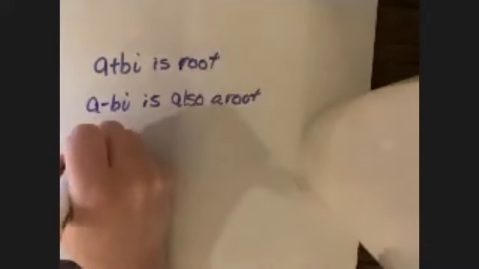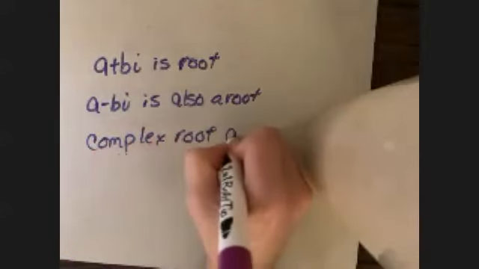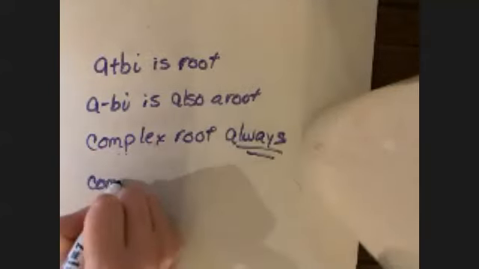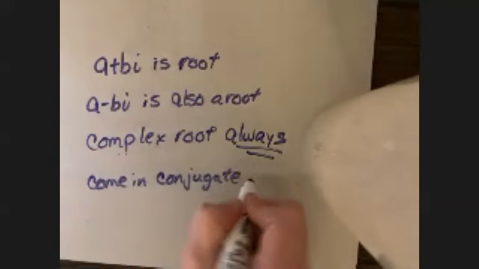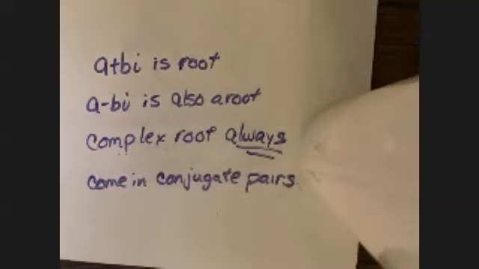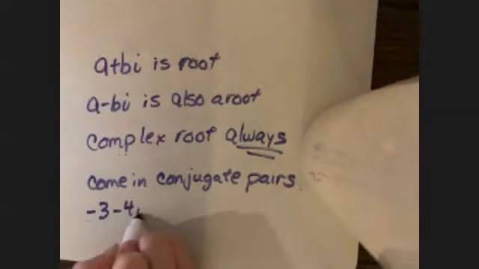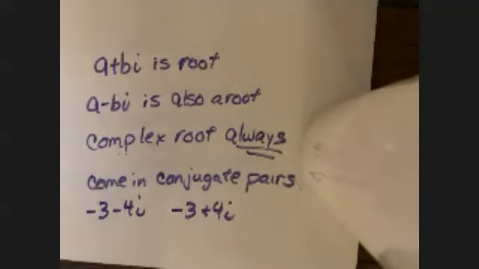So complex roots always come in conjugate pairs. Okay, so it's kind of like buy one, get one free. If they tell me one of them, I automatically get the other one as well. So if they said -3 minus 4i is a root, -3 plus 4i is automatically a root. Automatically get both for free.